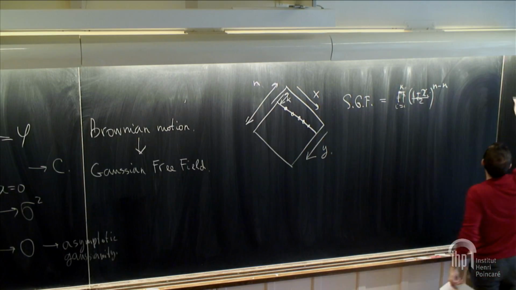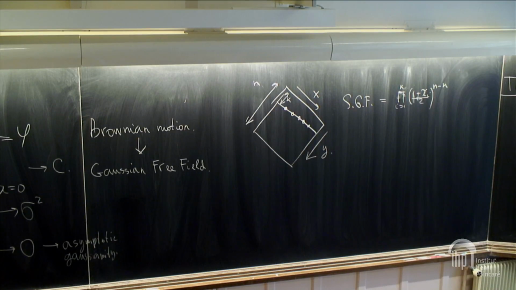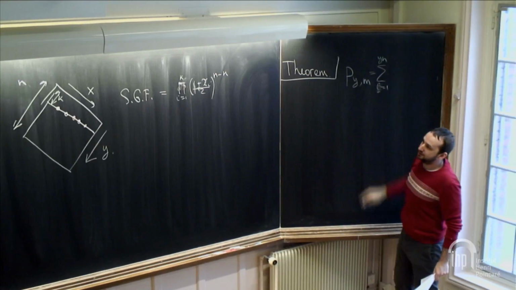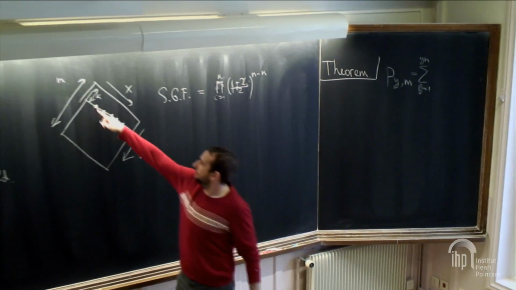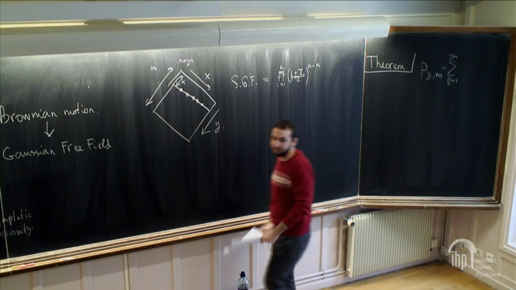Let's introduce the notation p_{y,m}, which will be the sum over the particles in the row k equal to y times n.